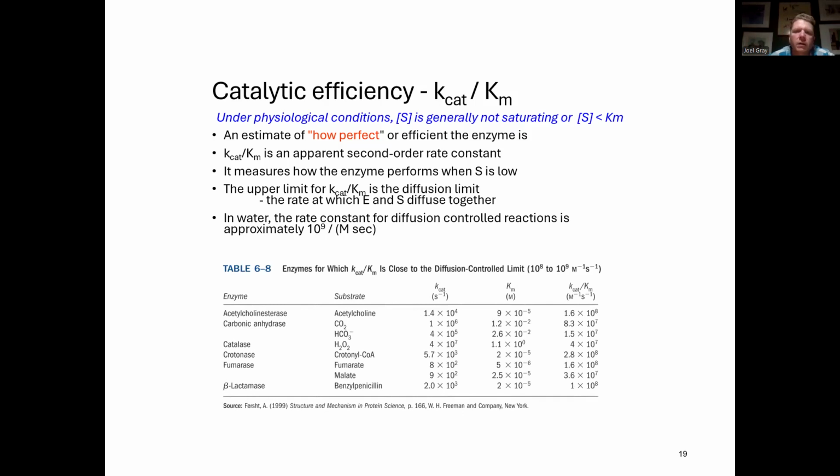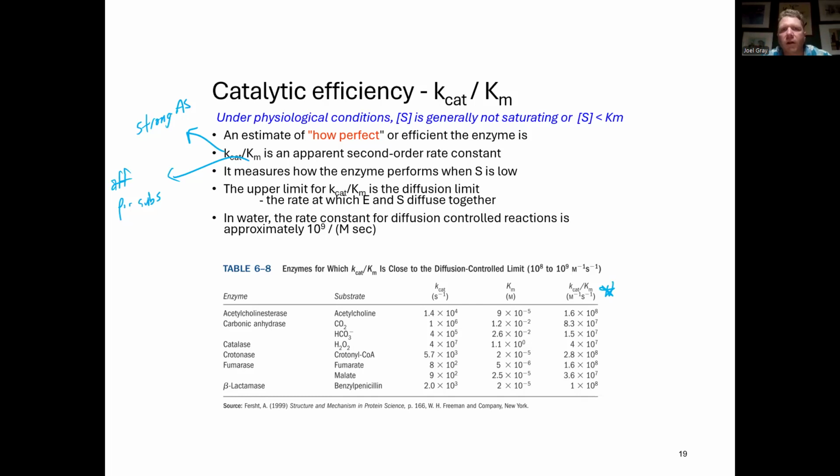Now, the way that I always think about this is that kcat is almost like a measure of the strength of the active site. Km is affinity for substrate. So essentially, the higher this ratio, kcat over Km, is, the stronger or greater the likelihood that your enzyme will suck up one of these substrates and convert it to a product.